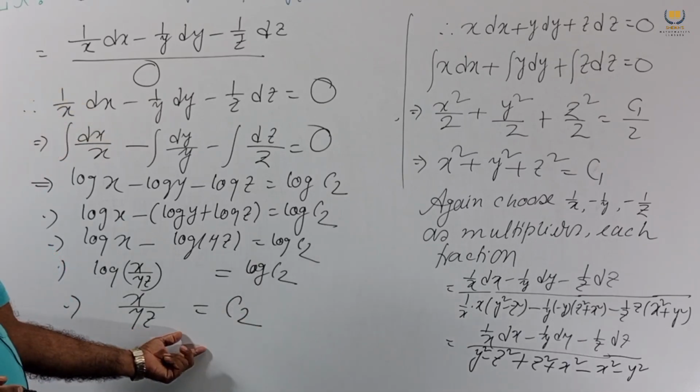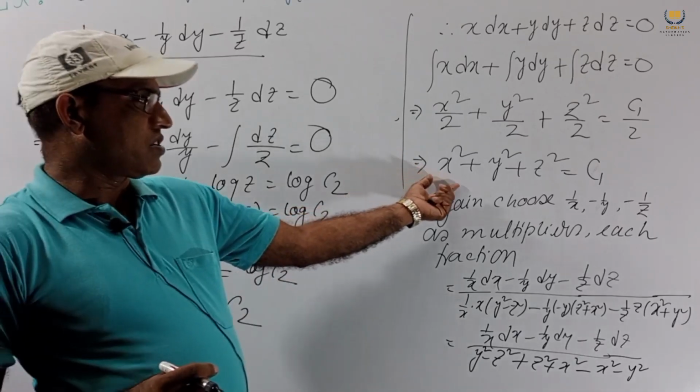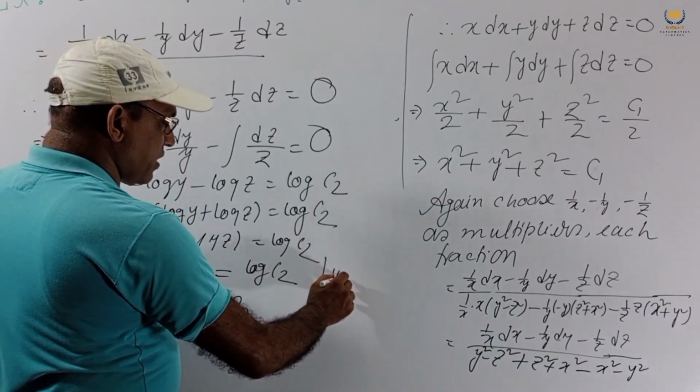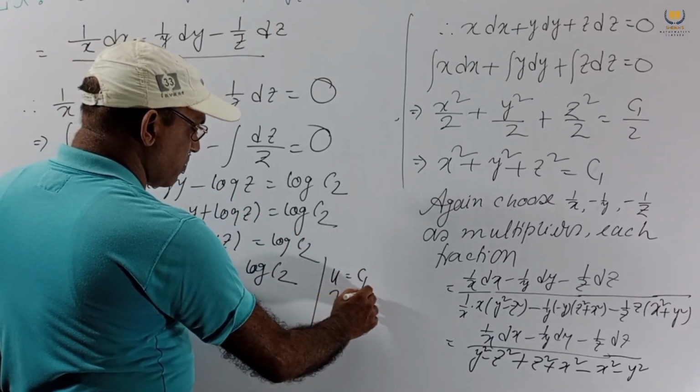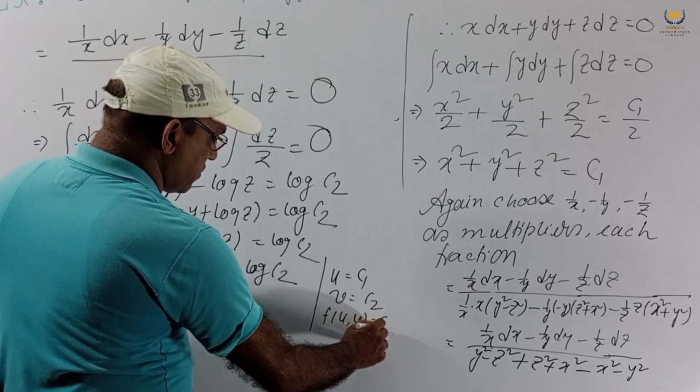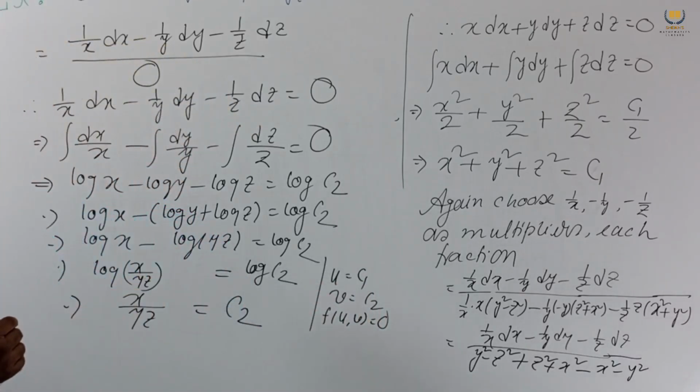So this is our second solution, this one is the first solution. That means if u equal to C1, v equal to C2, then f of u comma v equal to 0 is the required solution.